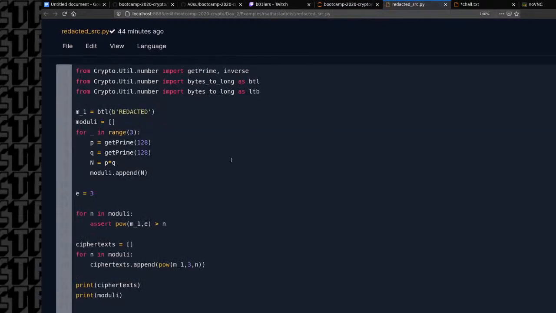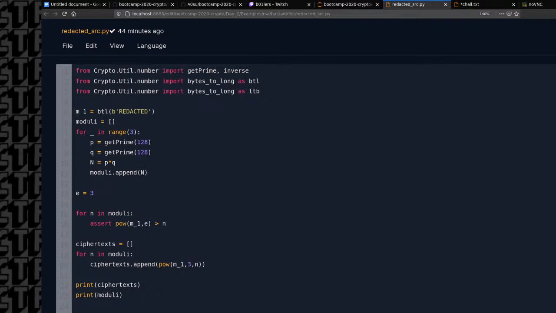So then if we pull up the redacted source, in this case, what we're doing here is we're generating primes P and Q. Same thing, N is equal to P times Q. And then we're doing this for 3 iterations, so we'll make 3 values of N.